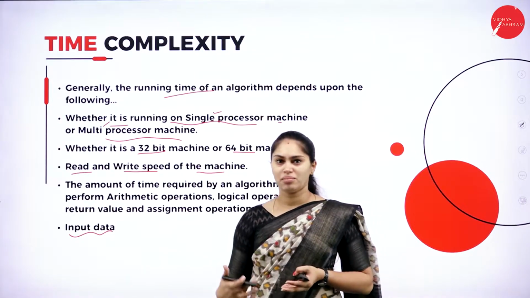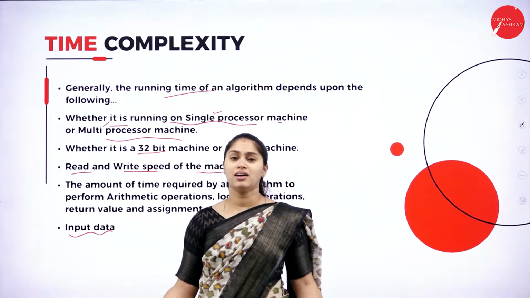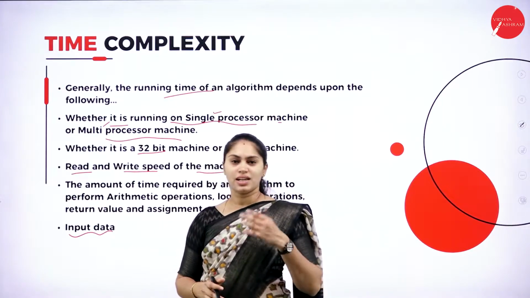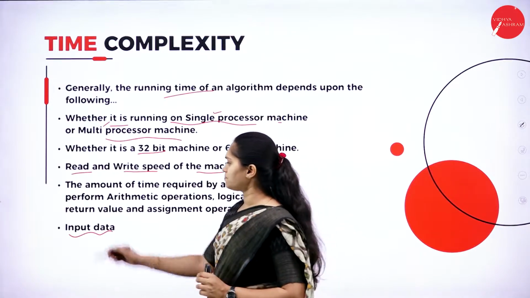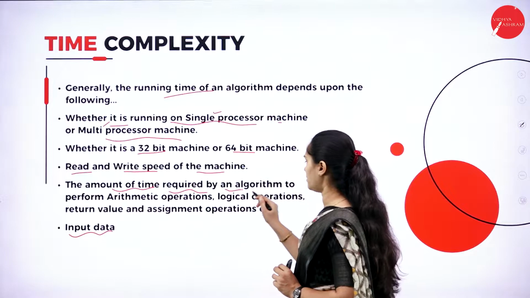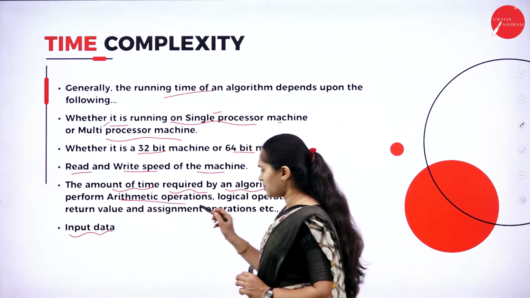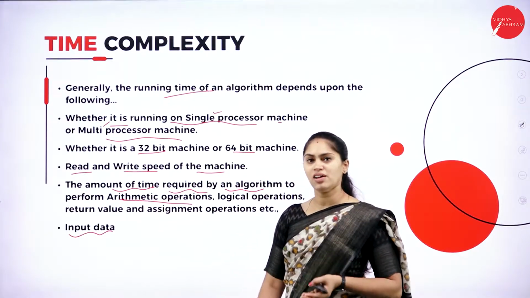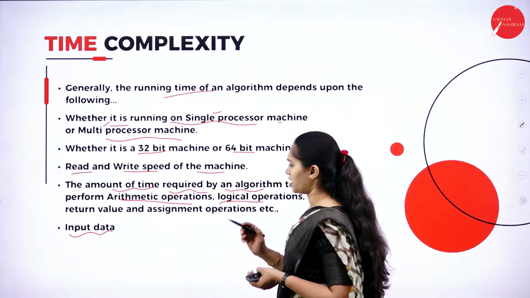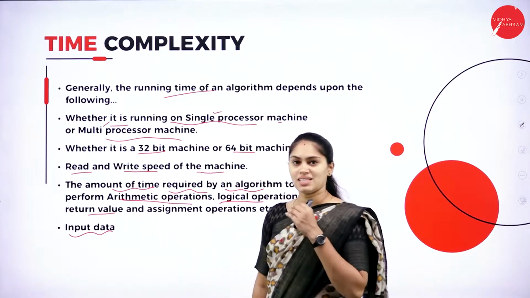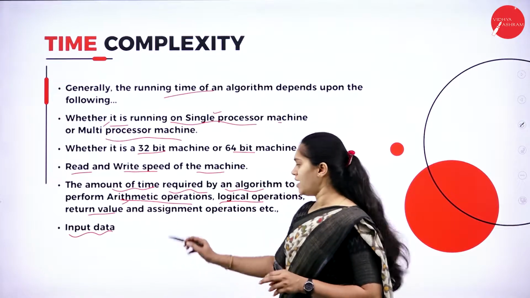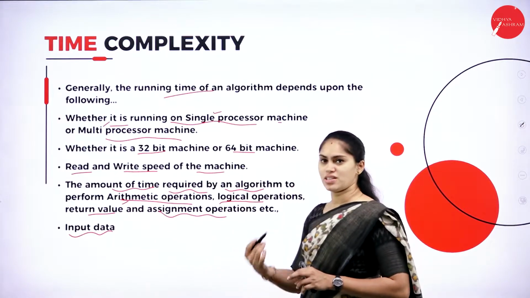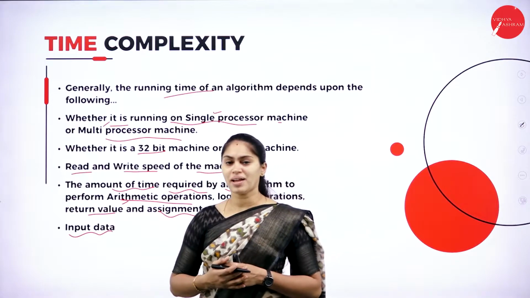For example, whether I am adding only 2 numbers or 10,000 numbers also depends on the input data we are giving. Also the amount of time required by an algorithm to perform arithmetic operations, logical operations, the time it takes to return a value for a particular function, and the assignment operation.